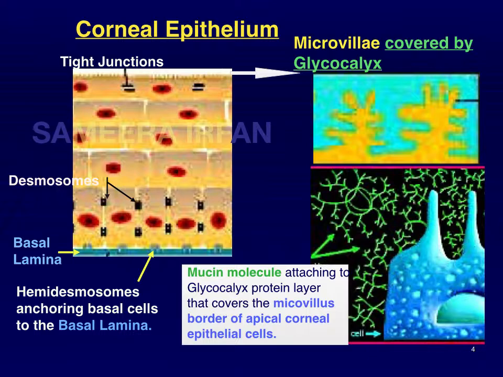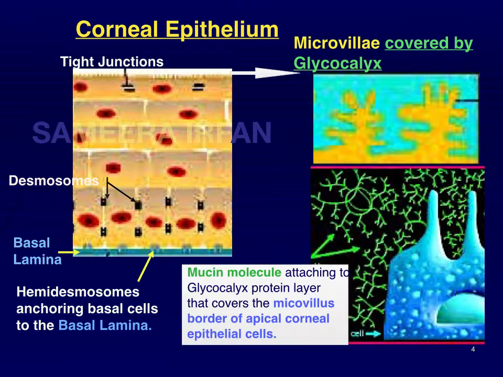Then beneath this apical layer are 2 to 3 layers of flat polygonal cells which are joined together by tight junctional complexes called the desmosomes.